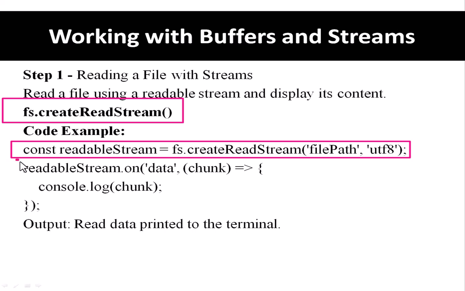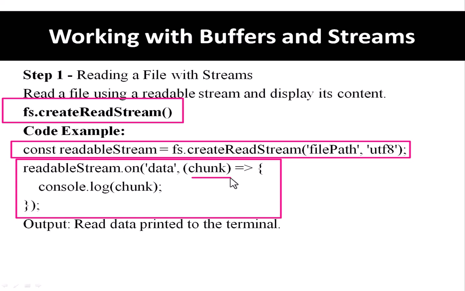So next, here we are going to divide the particular data into chunks. We consider the data, where data is an object that gets the data in small chunks, using an arrow function. Here you get the data through console.log, where the output will be printed.